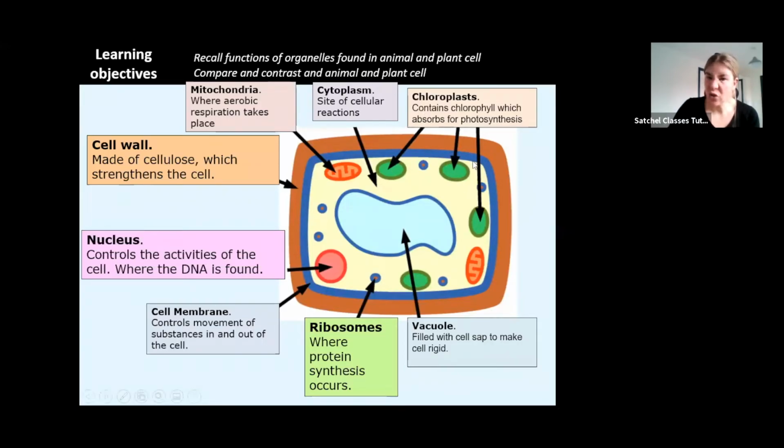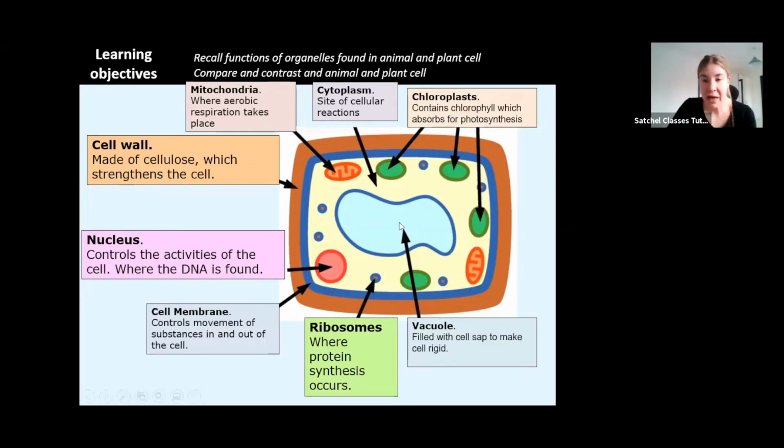Over here, these green things are chloroplasts. And again, the function of the chloroplast is that they contain chlorophyll, which absorbs light for photosynthesis. It's a chemical, chlorophyll, and it absorbs light for photosynthesis. Again, this is just something that you have to learn, unfortunately.